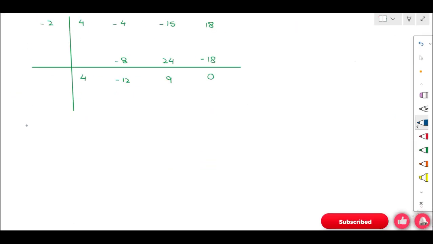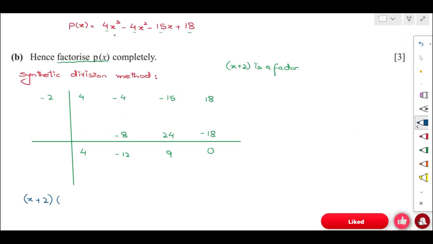Let me show you how. Here we have x plus 2 in the bracket, and we have the other factor. Before, the polynomial was cubic, right? So p of x is x plus 2, where solving it gives x equals negative 2.